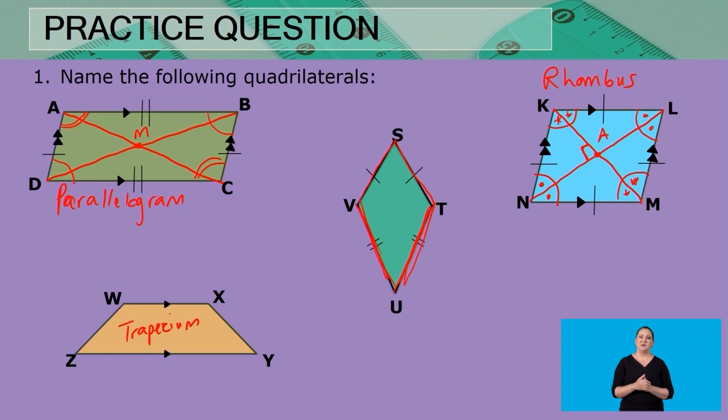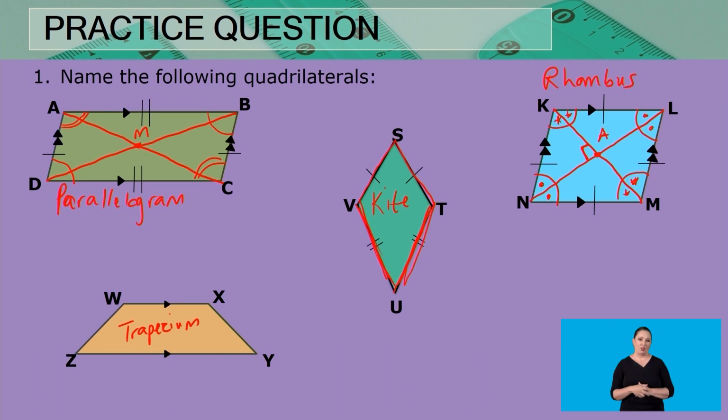So what does this mean? Since VU and TU are also adjacent, and we have been shown that they are equal, that means here we have two pairs of adjacent sides that are equal, and that can only be a kite. That can only be a kite when we have two adjacent sides that are equal.